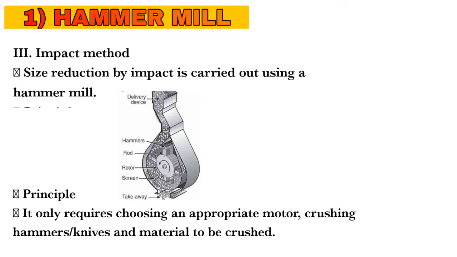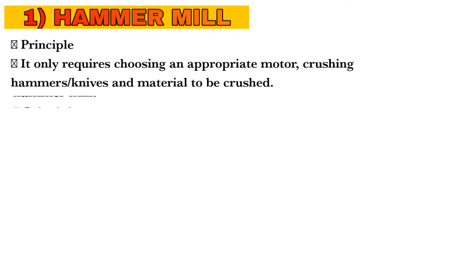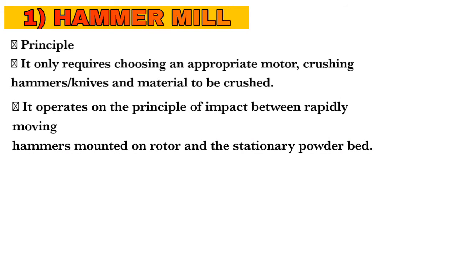First of all, the necessary requirement is choosing an appropriate motor, crushing hammers and material to be crushed. Hammer mill is operated on the principle of impact between the rapidly moving hammers mounted to a rotor and stationary powdered bed.